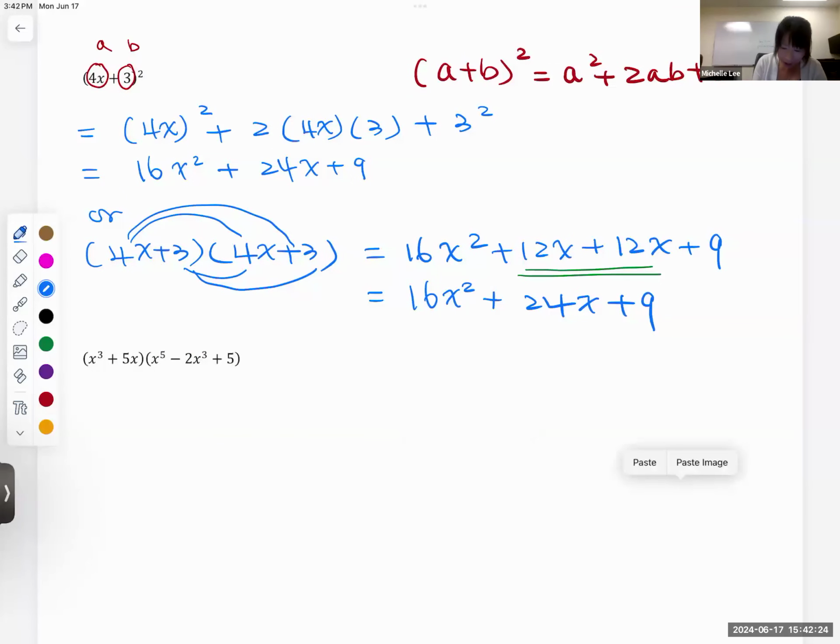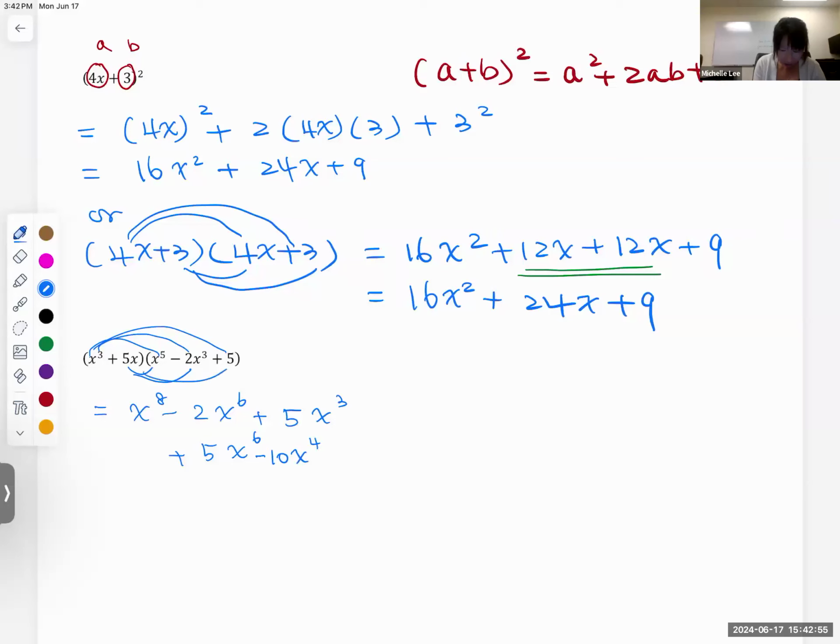Okay, so next one, let us do multiply. So that will be x to the a power negative 2x to the 6th power and plus 5x to the 3rd power, right? And then plus 5x to the 6th power, and next one is minus 10x to the 4th power.